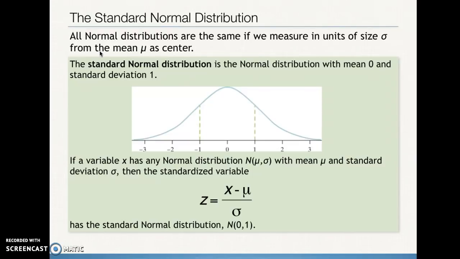If we calculate the z-score for every single value in our data and we graph that, the shape will be exactly like our original shape, but the scale is going to be different. So when we scale for z-scores, the axis, instead of being the axis that's appropriate for the original data, is going to be a z-score axis.